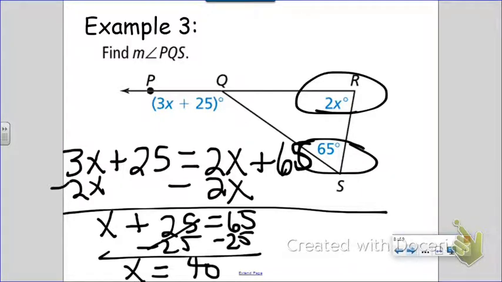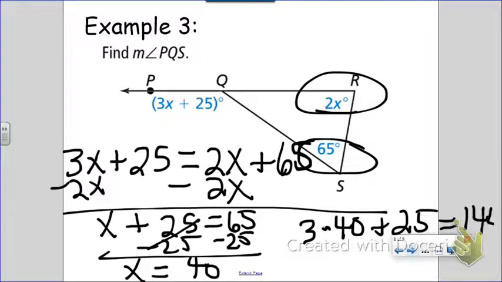X equals 40. Measure of the angle, 3 times 40 plus 25, which equals 145. So that's the measure of my angle and the answer.